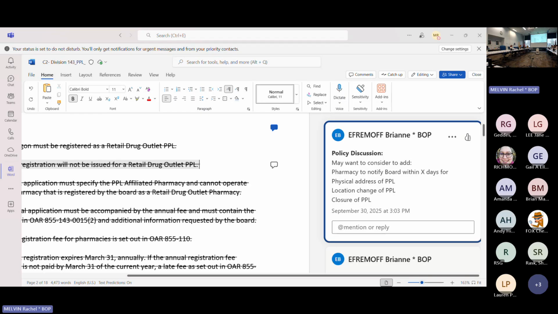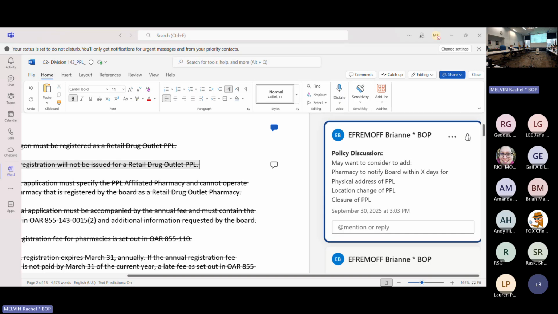Board Member Joyce. Definitely, being made aware of closure, whether temporary or permanent, is important. Location, I mean, as long as the retail pharmacy, the brick and mortar, knows where it is. I don't want to add any administrative burden to retails right now.